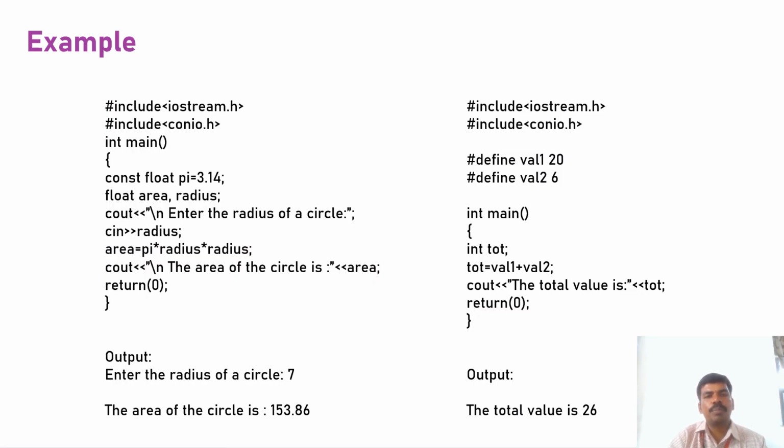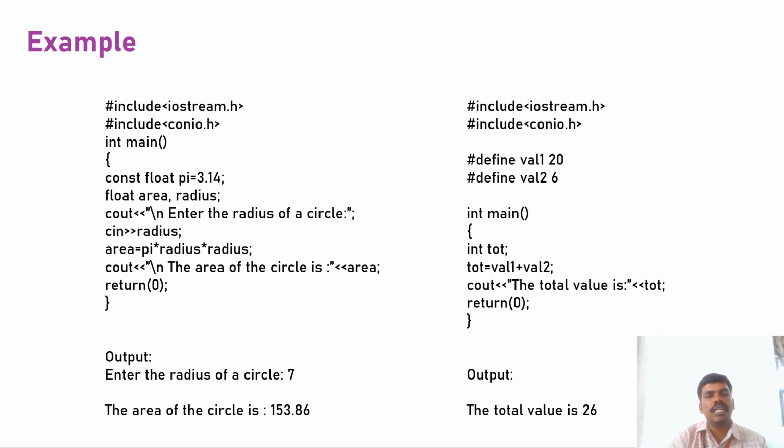This is the example program. Here the constant is declared. So the pi value is constant wherever we use it. This program is used for finding the area of a circle.